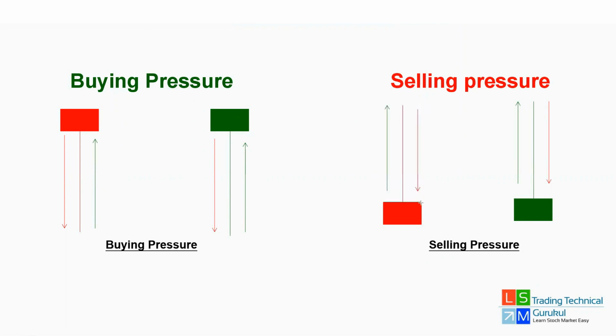Whenever it crosses this level, this is the opening of the candle, the candle color will be the red one. So lots of selling pressure is there in this area. Buyer tries to buy, but seller neutralizes all the buyers. Here only the selling pressure is there.